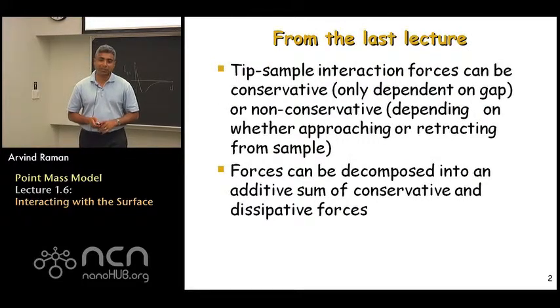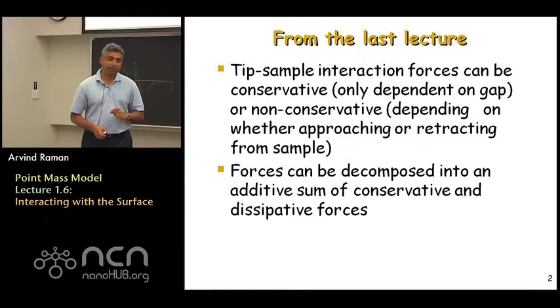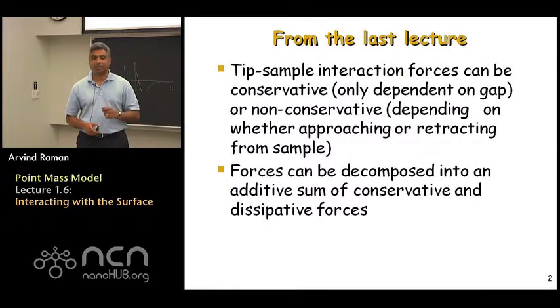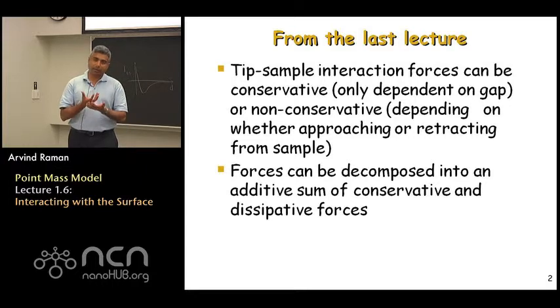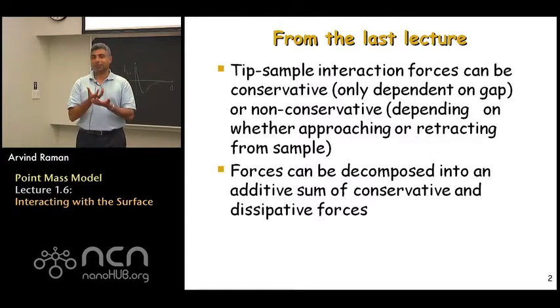In the last class, we had a brief review of tip-sample interaction force models, and we talked about the fact that when a tip is oscillating near the surface, you can decompose the interaction forces between the tip and the sample as an additive sum of a conservative interaction and a non-conservative or dissipative interaction.